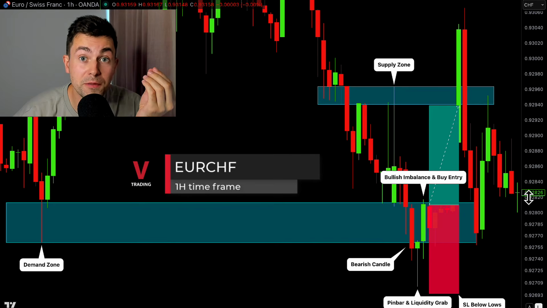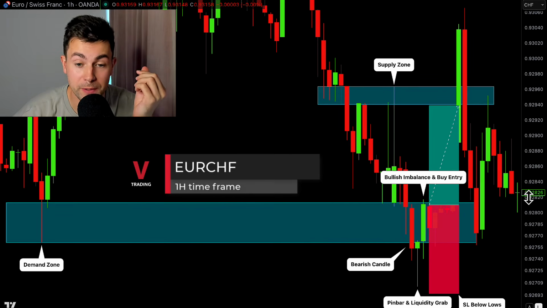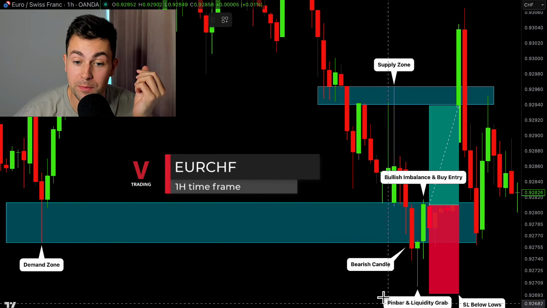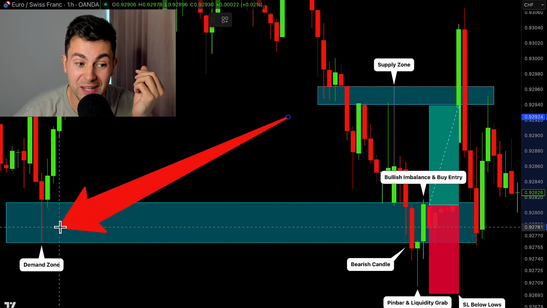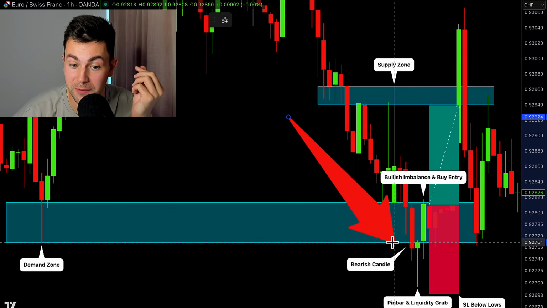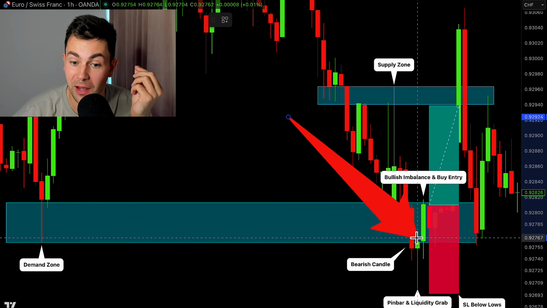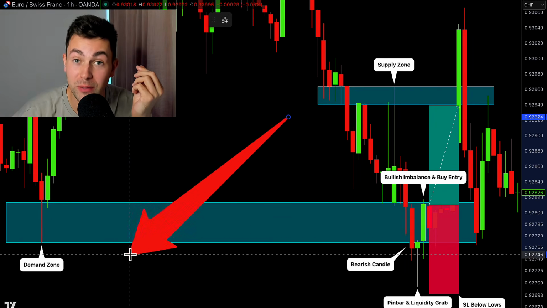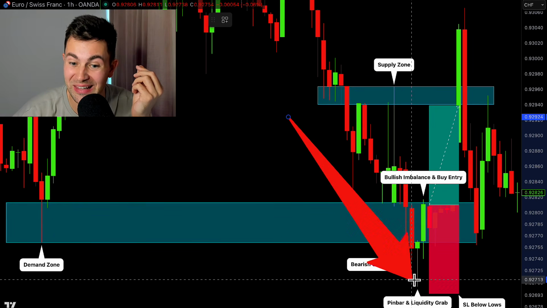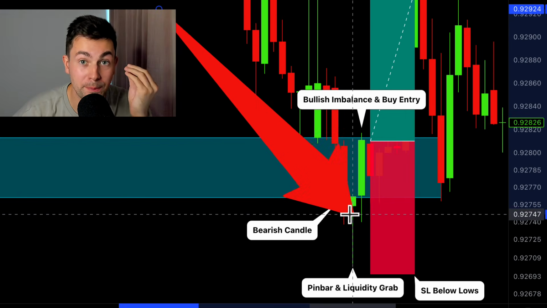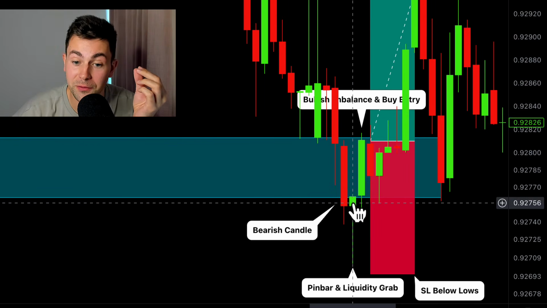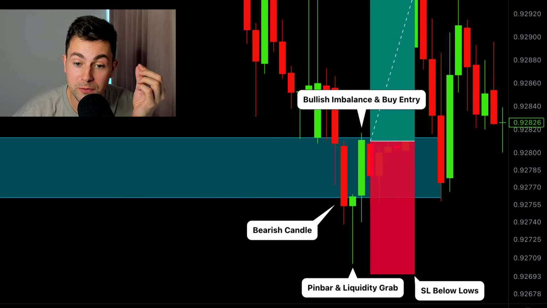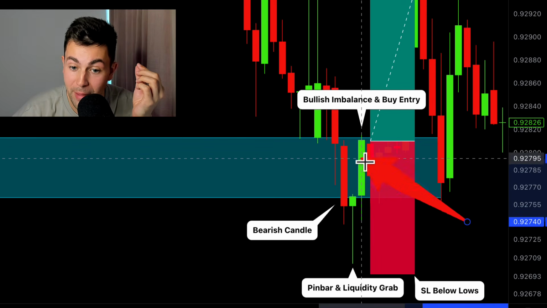That is how I treated the setup on Euro Swiss pair. You can see that the market was strongly bearish and the price reached a significant liquidity demand zone. A bearish candle was formed, and after that the price went below that liquidity zone with a liquidity grab. The market formed a pin bar pattern. After that we see a formation of a strong bullish imbalance candle.